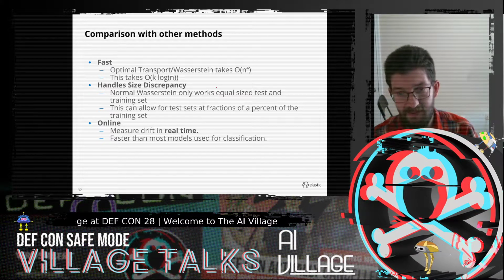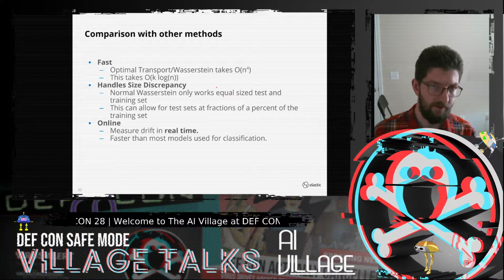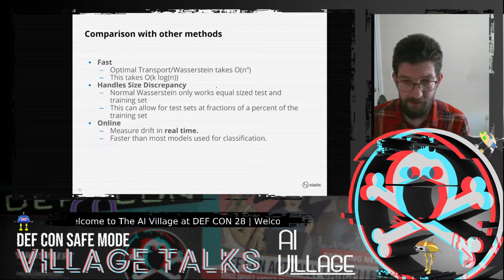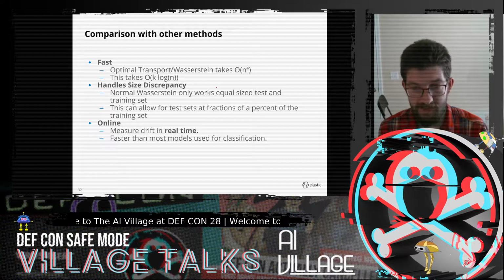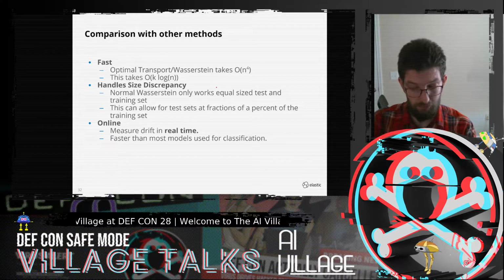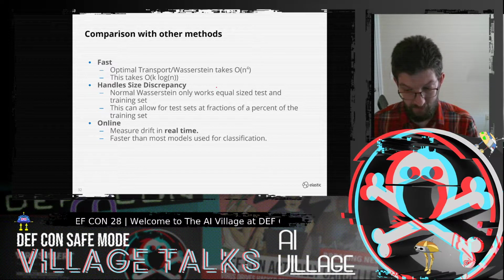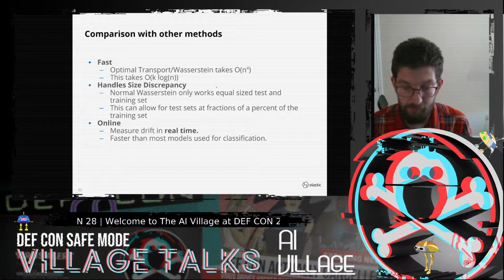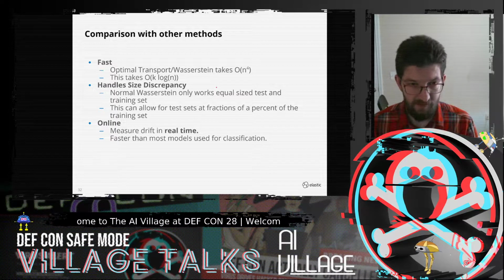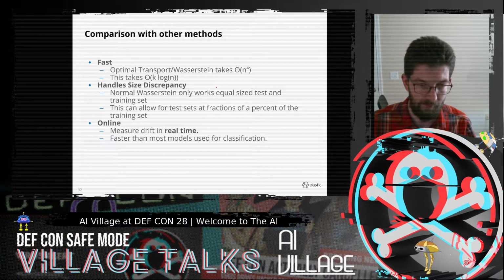And traditionally, it takes big O of n to the 4th. There are some modifications where you might be able to get cheaper by making some drastic assumptions in your data. But when you make those drastic assumptions, you kind of assume that you have an equal size test set and train set, and you know where the test set and where the train set goes. And that's an assumption that you can't really make in real life. So it takes big O of n to the 4th. My method takes log n essentially, and then k is the number of samples you want to compare it to.